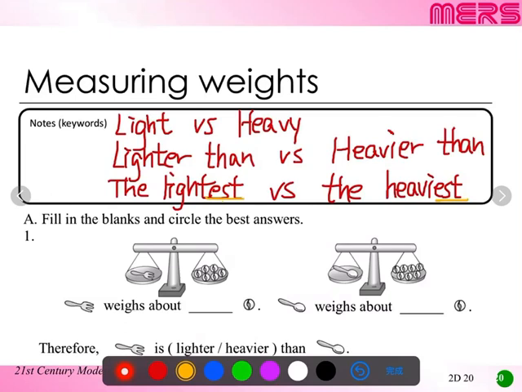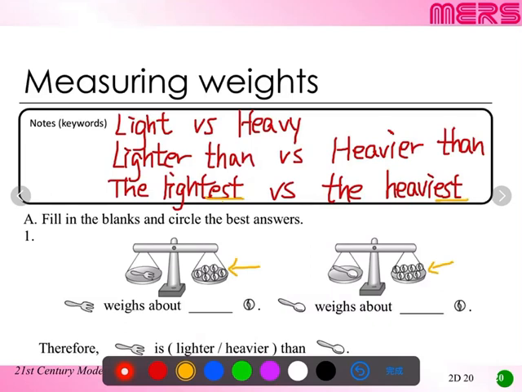So of course you know that with EST, that means in comparison, that one is the lightest. For example, when we compare between strawberry, orange, and watermelon, strawberry is the lightest. In the opposite, the heaviest will be the watermelon, and so on. So, lightest and heaviest.